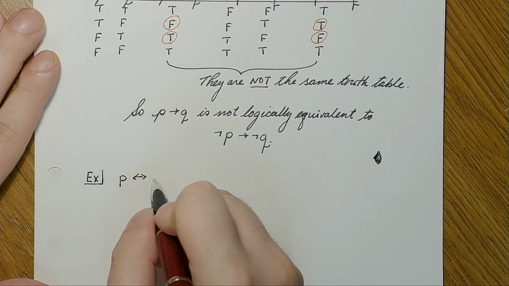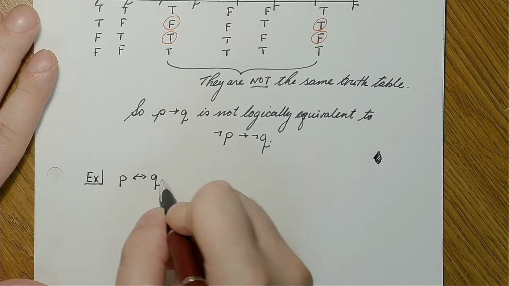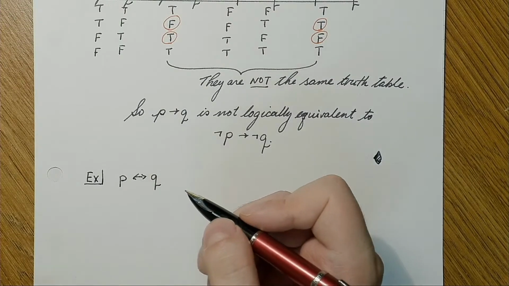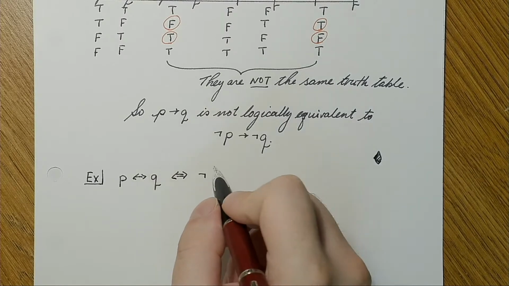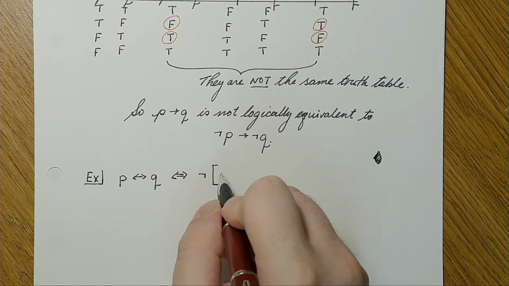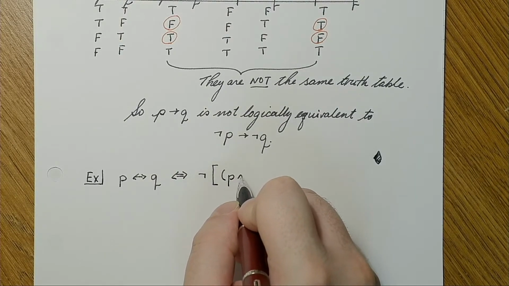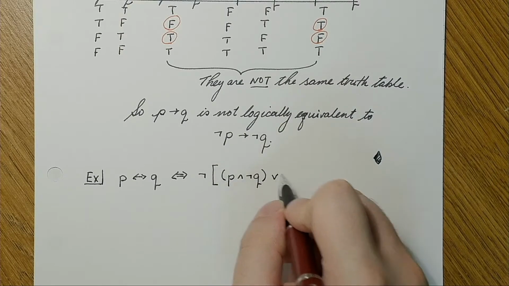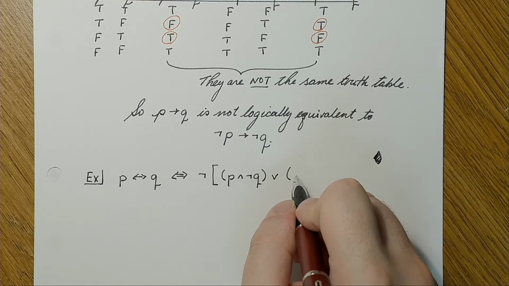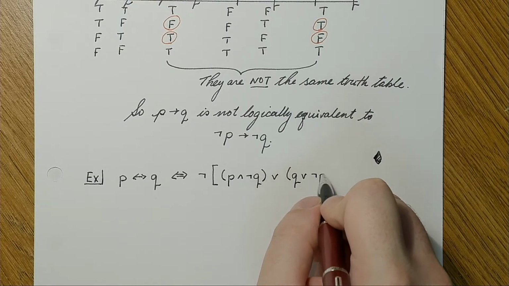This one is show that P if and only if Q is logically equivalent to P and not Q, or sorry, P and not Q, or Q or not P.